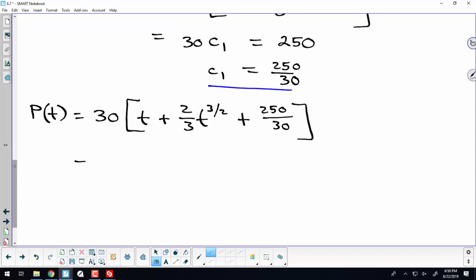Which means that the position function at any time is 30t plus 20t to the 3/2 plus 250.